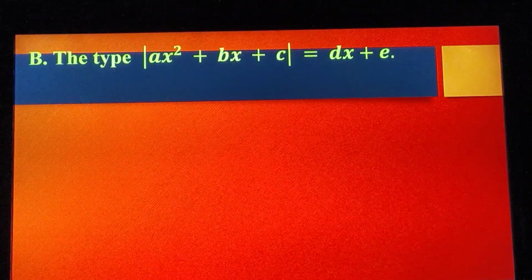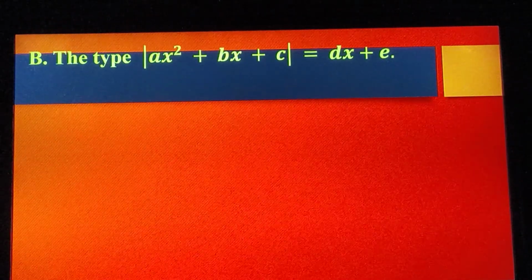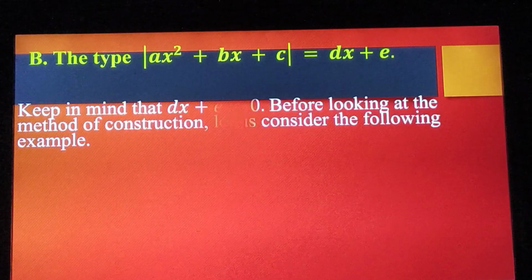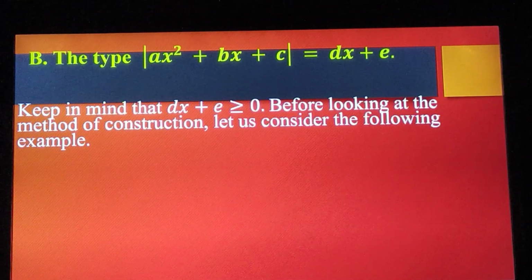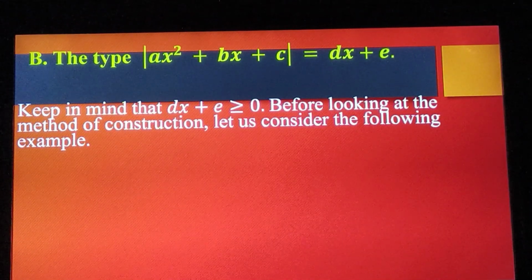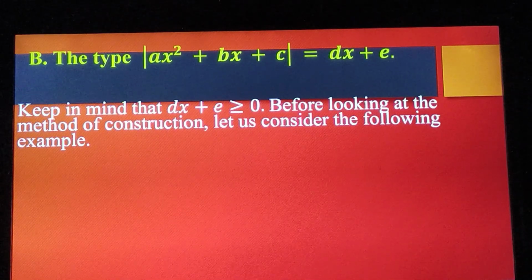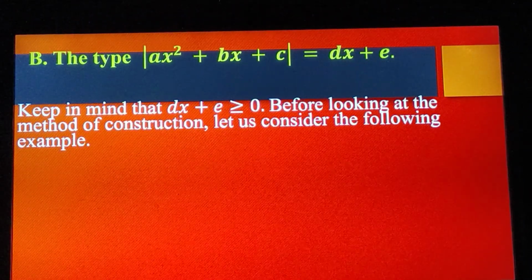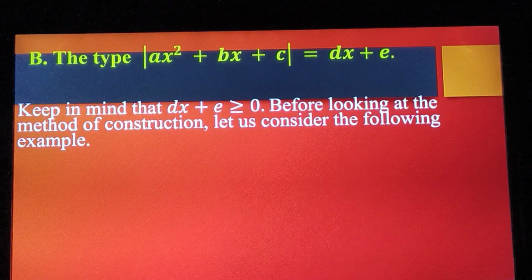Okay, the type absolute value of ax squared plus bx plus c equals dx plus e. Here we keep in mind that dx plus e must be at least 0. Before looking at the method of construction, let us consider the following example.